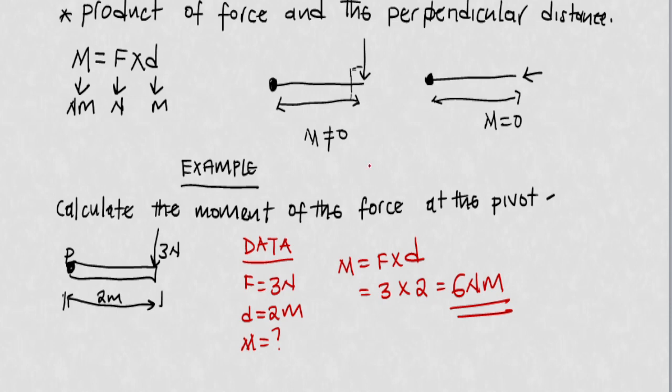So we say the force multiplied by the distance. Now after looking at this, we are therefore going to proceed to look at what we call the principle of moment. So let's look at the principle of moment.